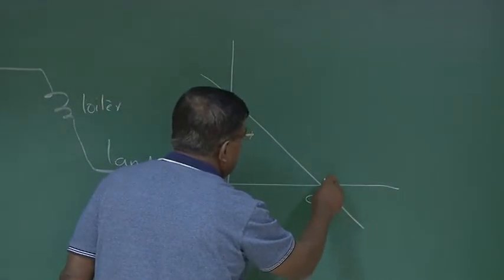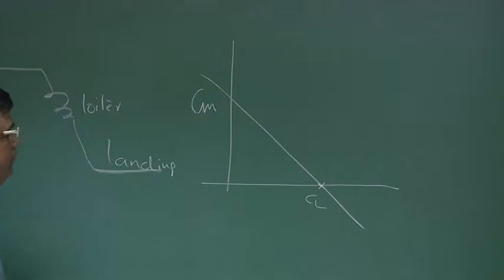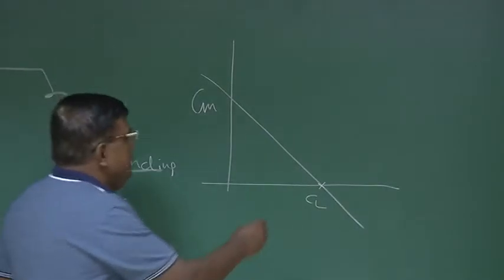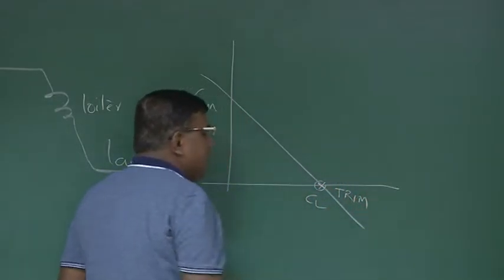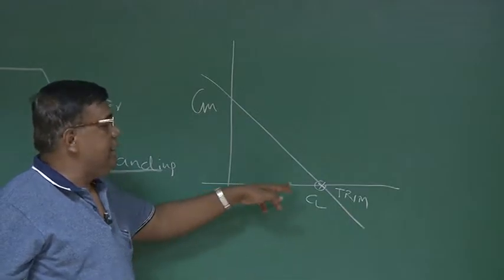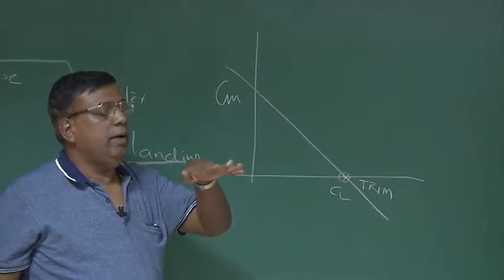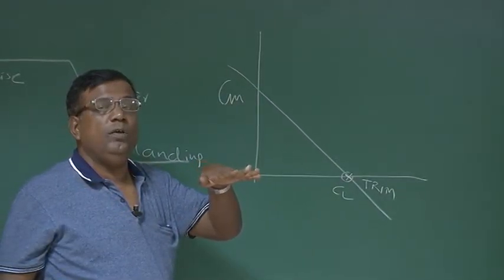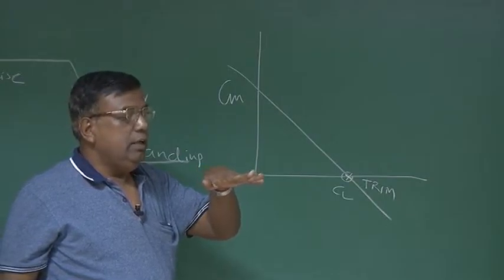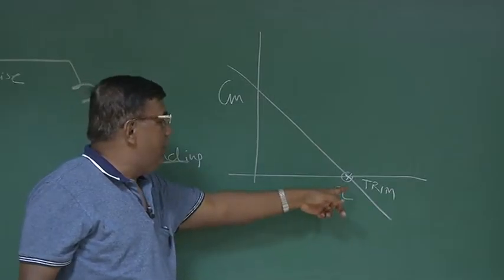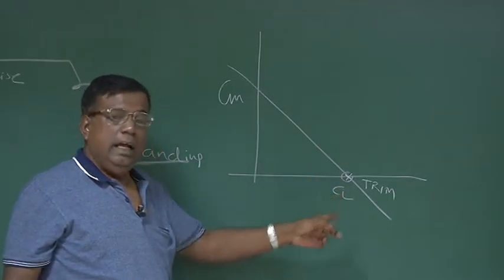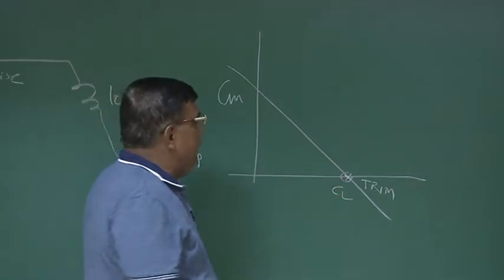And remember, we talked about the trim point. I can trim the airplane at the CL, meaning thereby I can fly at this CL with lift equal to weight, and there is no unbalanced moment. So moment is zero, that is why CM is zero at this point.